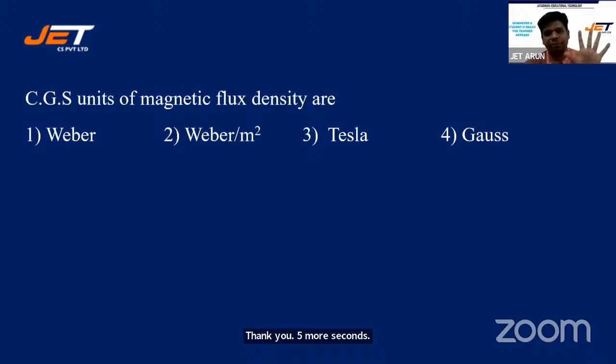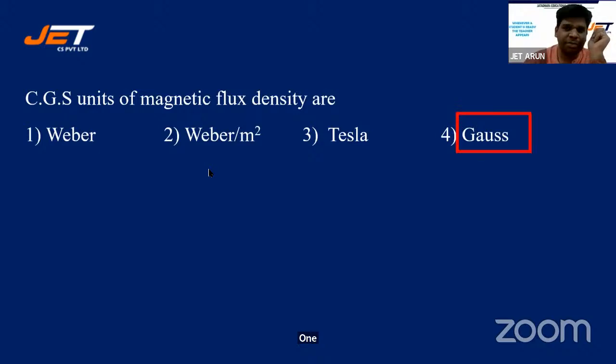Five, 4, 3, 2, 1. All right, let's look at the key. It's Gauss. Gauss, students. Let me see who all are right. None of you are right. Students, it's Gauss. Make a note of it.